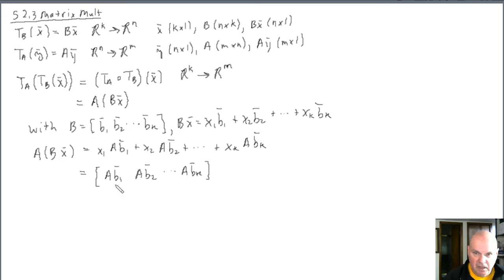Each column in this matrix is our matrix A times the corresponding column in B. So we're actually going to take this to be the definition of matrix multiplication. AB, the product of two matrices, can be found by multiplying the first matrix by each of the columns in the second matrix.